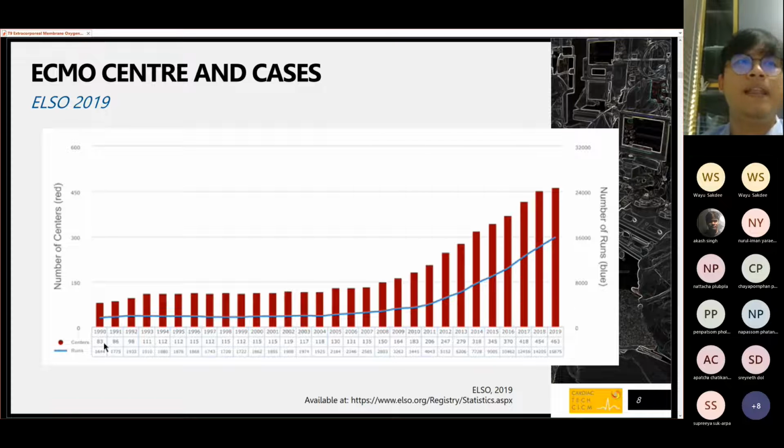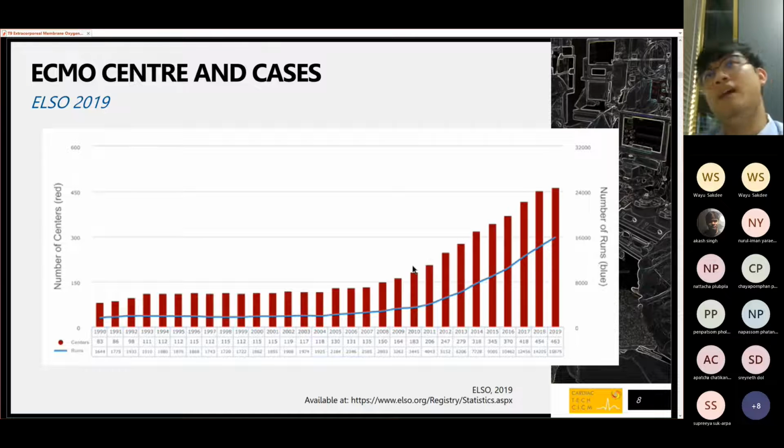So here is the case count, from 1990 until now, 2021. I didn't update much, but let's say that before COVID-19 came, and after that, it is rising.